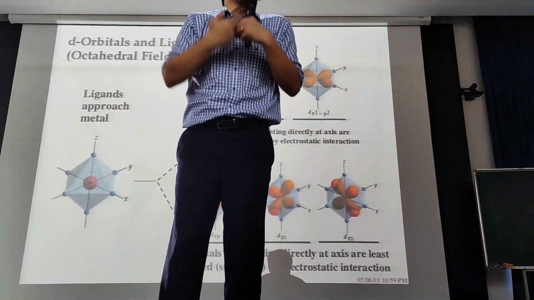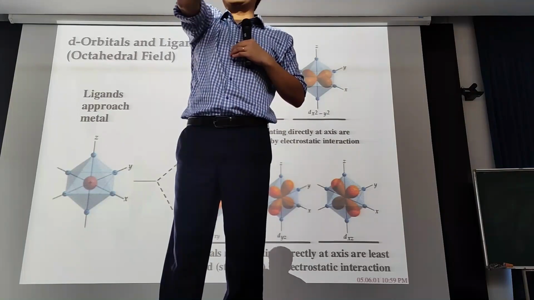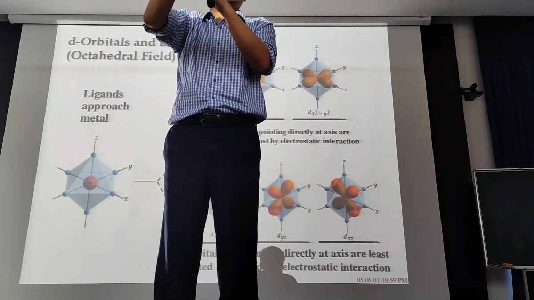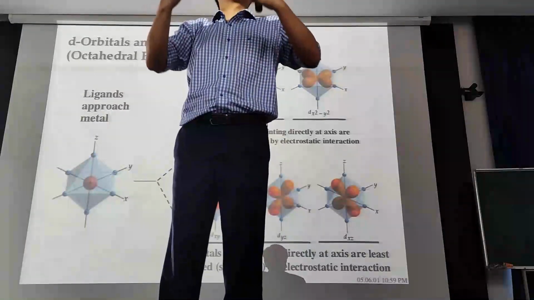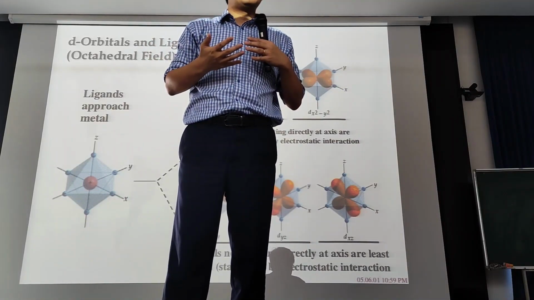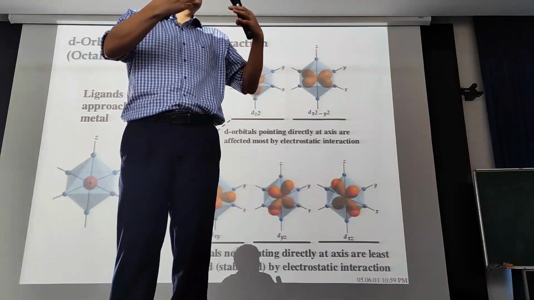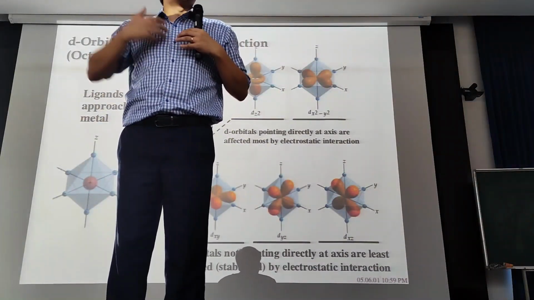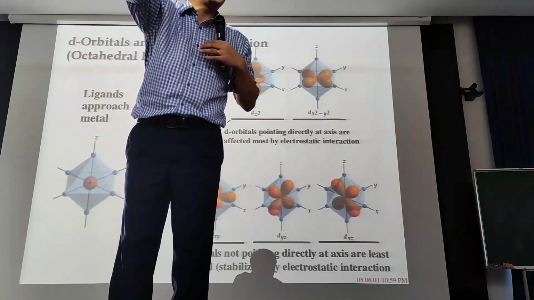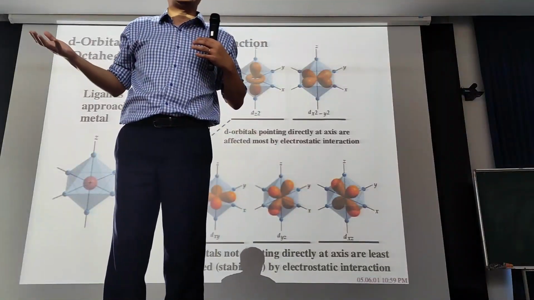Because if you want to absorb energy, you need to excite to a higher level, right? Because they are at the same level, they cannot absorb any energy. So because it cannot absorb energy, it becomes colorless, right? If you cannot absorb energy, then it means you cannot absorb any photon. So all the photons we send through this camera will be transparent. So there's no color, okay?